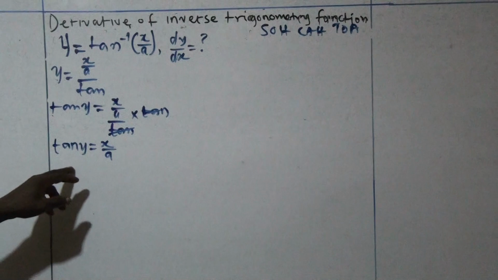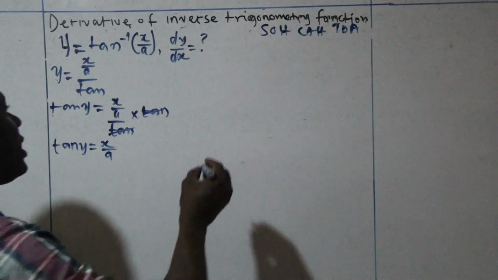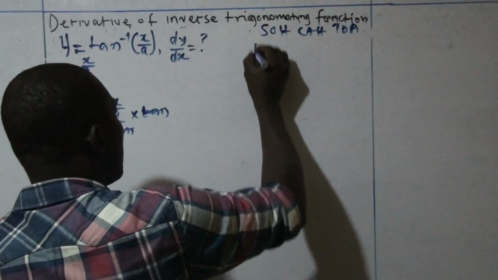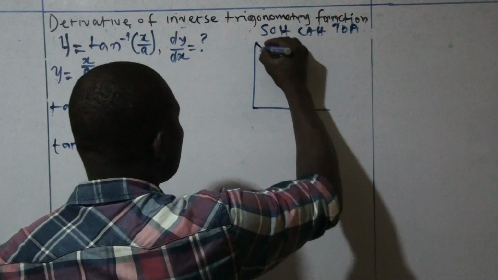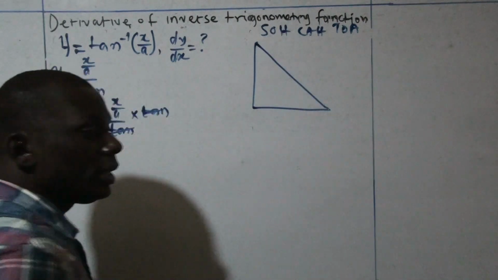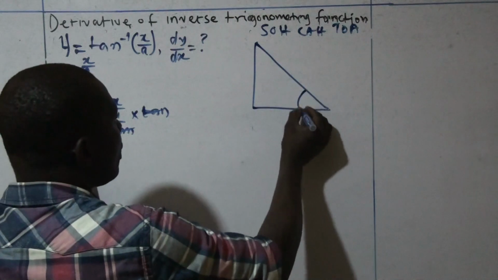From this fact, before we make x subject of the formula, we need to express this in a right angle triangle. And the angle to be determined here is y.